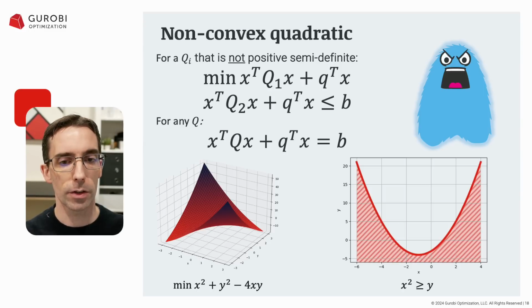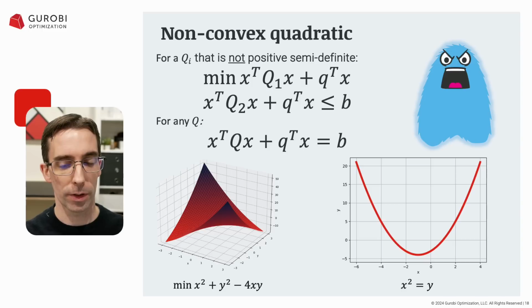And in this case, we end up with non-convexity. Or additionally, it would be the case for any matrix Q, even if it's positive semi-definite, if we have equality constraints, and we have something pictured like this on the right, if this is the feasible region, you would see that this is also non-convex.